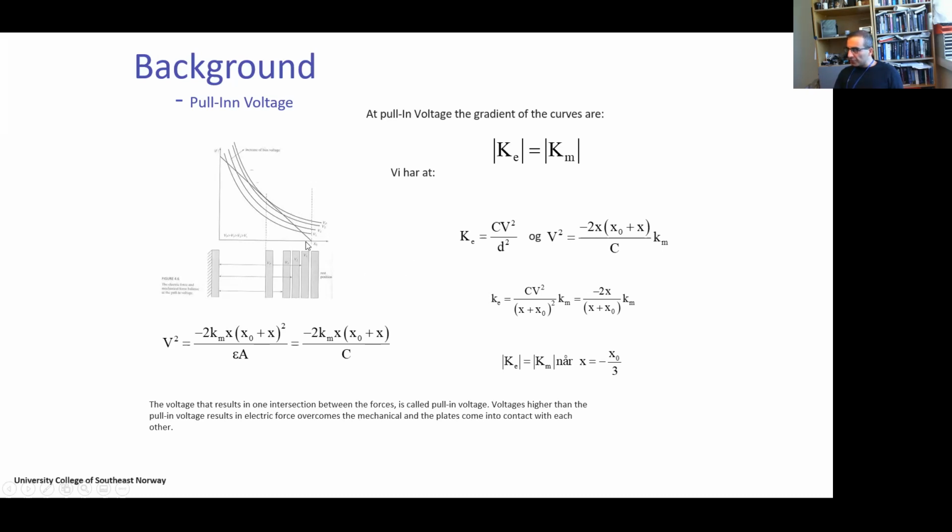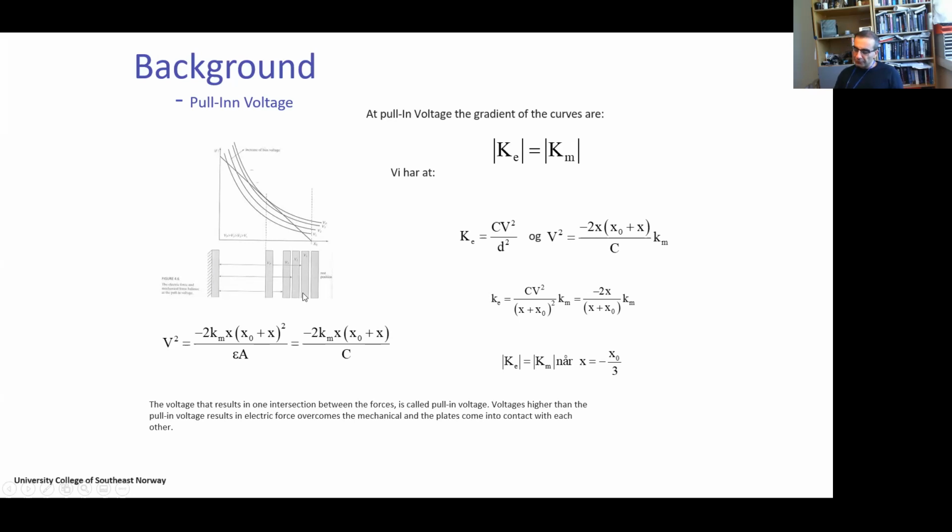For V1, if the voltage is small, then according to this equation we will have two equilibrium points. If we increase the voltage, at one point we will have only one point where these two curves cross each other, and that point is a critical point, because if we go over that, this plate will move all the way in and collapse.